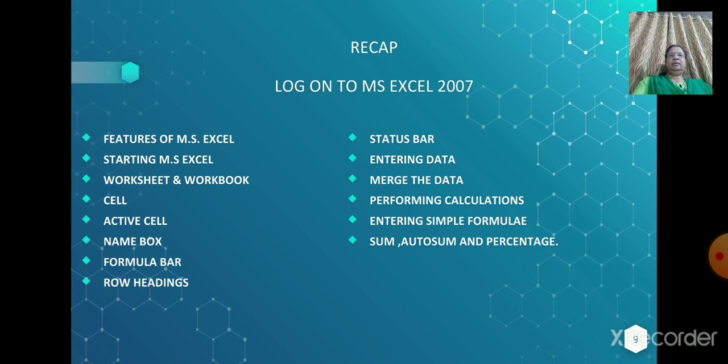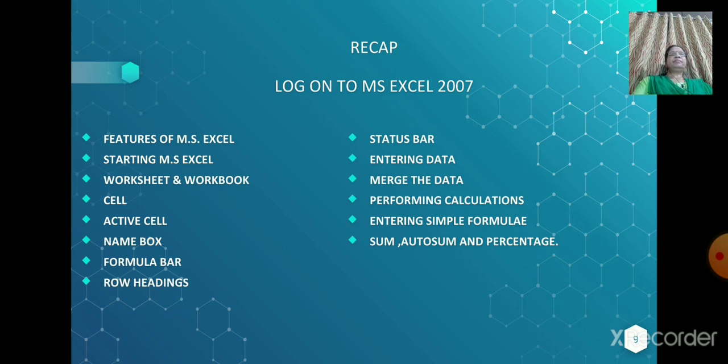Start, All Programs, Microsoft Office and Microsoft Excel, and worksheet and workbook. The worksheet consists of 1,048,576 rows and 16,384 columns. And what is a cell? A cell is an intersection of a column and a row in a worksheet. Each cell is denoted with a cell address.